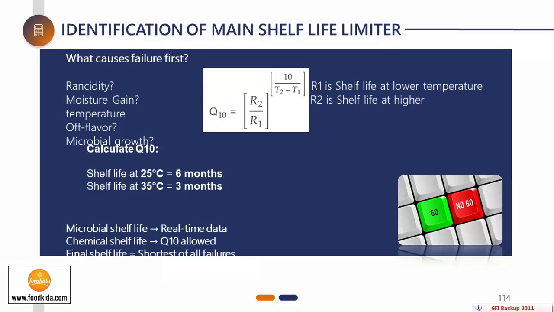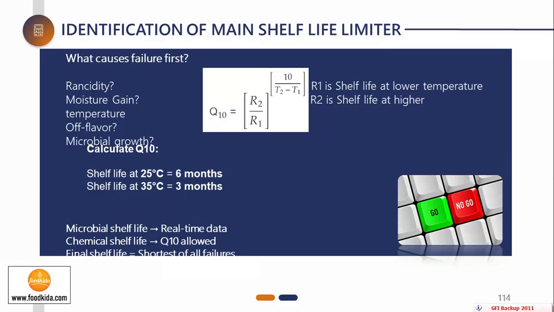Now, can you tell me why for microbial shelf life we take real-time data? Why is Q10 not allowed there? Sir, exponential growth. That means microbial growth is not as per this equation. Basically, for a chemical reaction, when temperature rises, the product will deteriorate. But for microbial growth, if temperature rises beyond a point, microbial growth will go down. You're getting what I'm saying? It is highest between 25 and 30.